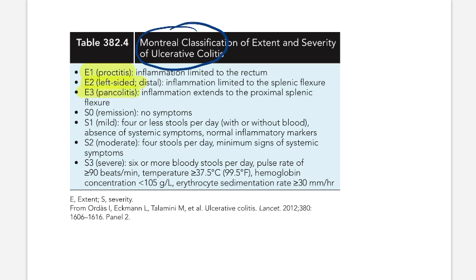S0 is remission, S1 mild, S2 moderate, S3 severe. Don't go deep into the description of this. Just remember that the Montreal classification is used for extent and severity of ulcerative colitis, and it has components E1, E2, E3 and S0, S1, S2, S3.